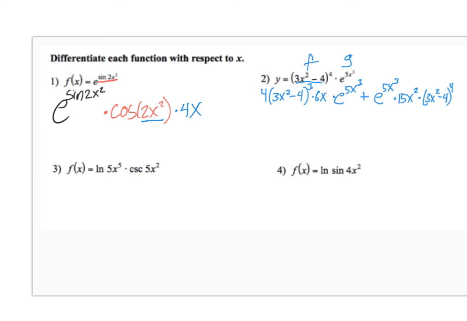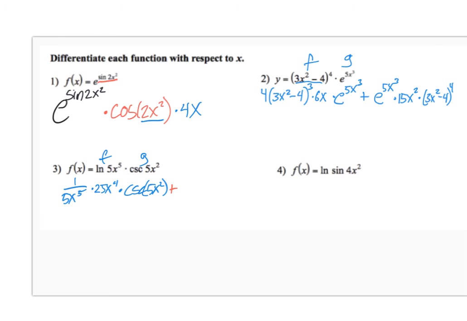Similarly for number 3, here's my f and g for my product rule. We're dealing with the derivative of the first, 1 over 5x to the fifth, times the derivative of the inside, so that's going to be 25x to the fourth, times cosecant of 5x squared. Then we're going to add to that the derivative of the second.